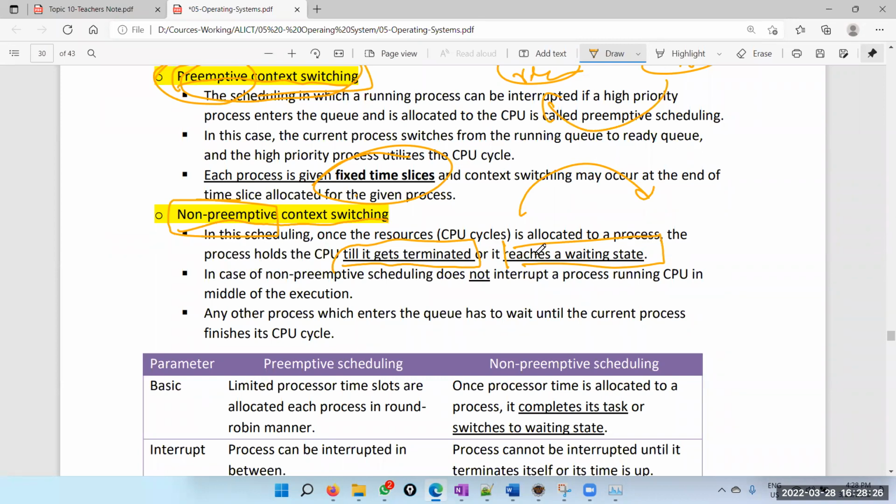And of course, once that user attention is done, it will get back to the ready state. And now again, when it's taken to the running state, unless there is any user attention, it will be allowed to run until finish.